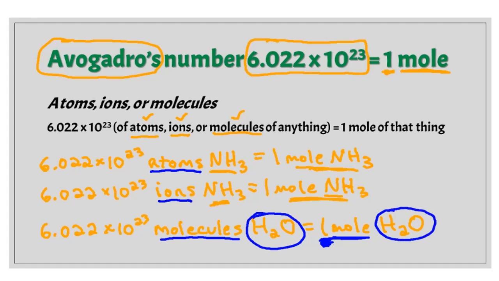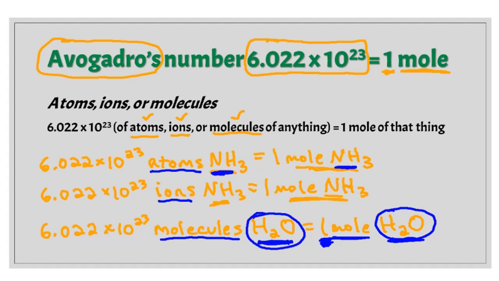Now we can't mix and match. We can't say 6.022 times 10 to the 23 atoms of NH3 equals 1 mole of water. That's mixing and matching the compounds. It has to be that many molecules, ions, or atoms of water equals 1 mole of water, or that many atoms, ions, or molecules of NH3 equals 1 mole of NH3.